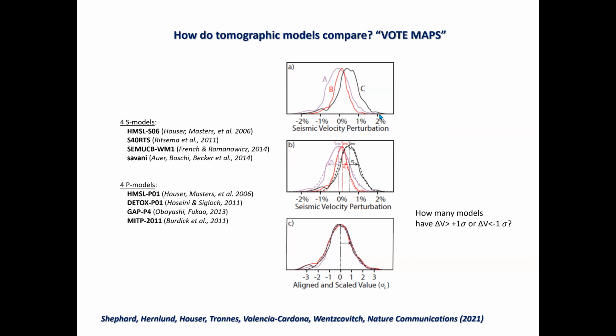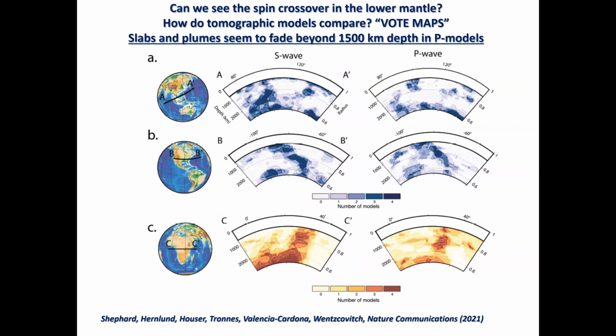And by asking the question, how many models at a certain point in the Earth have delta V larger than 1 sigma or smaller than minus 1 sigma? This is what a vote map looks like. This is an S wave map, and we have 4 models.